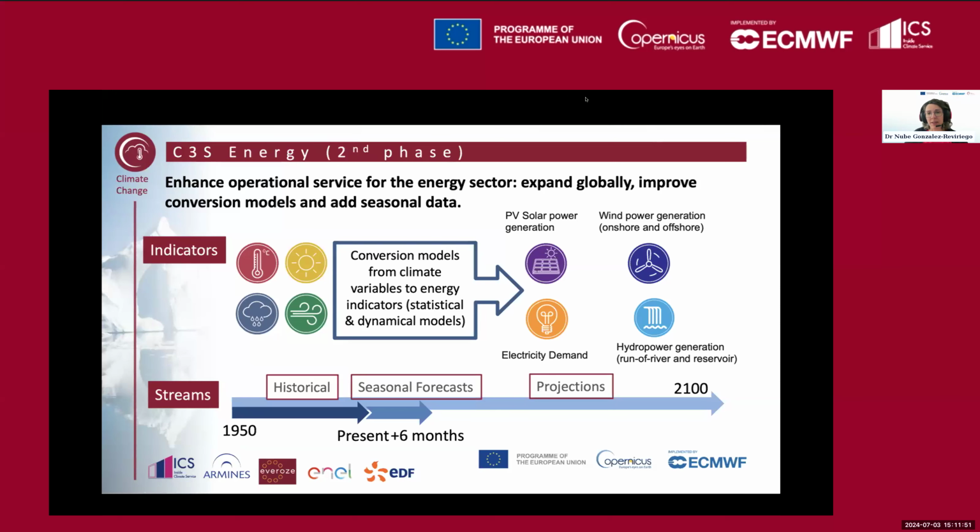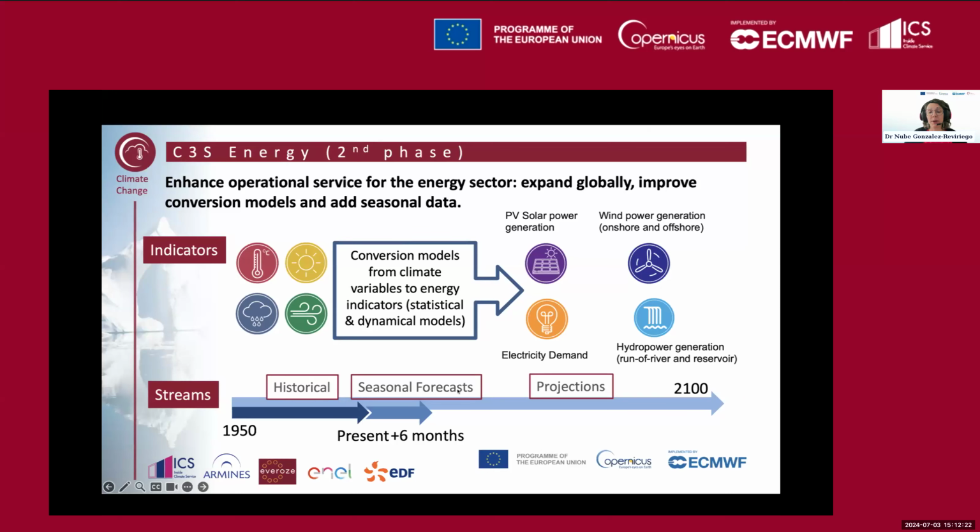We are targeting 4 different technologies: PV, wind, and hydropower, but we are also providing information for electricity demand. In this operational service, we aim to deliver information for the historical period from 1950 to the present day.